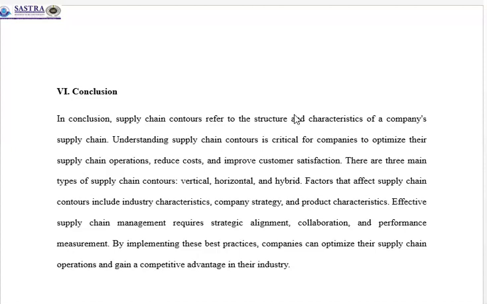So the best practice is that whenever the customer is in need of a particular service or a product on time, the delivery must be given on time, the channel through which you are distributing should be proper, and the product characteristics should be taken into consideration.